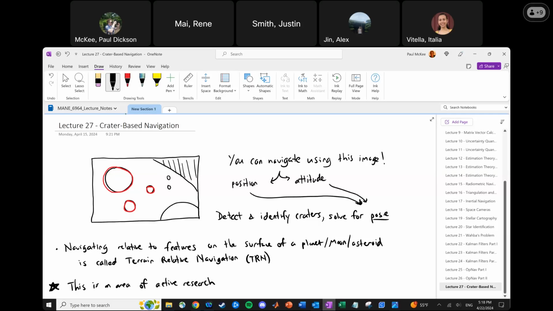Now, that's not to say that the other things we've learned about in this class are not still areas of active research. There are still people coming up with new solutions to problems in estimation theory, working on methods of orbit determination and other problems of orbital mechanics, and trying to squeeze more juice out of the lemon when it comes to star trackers.